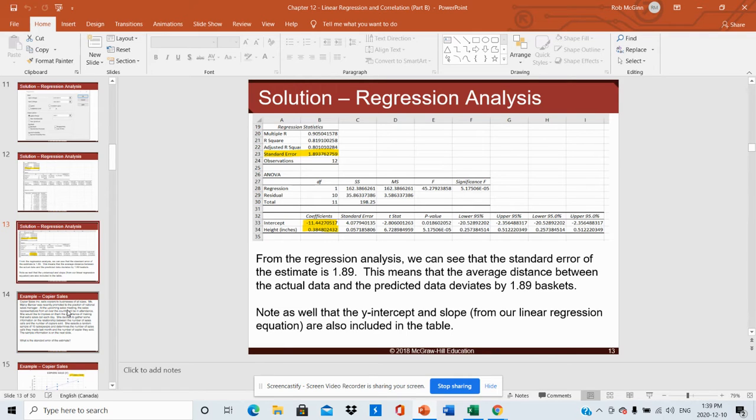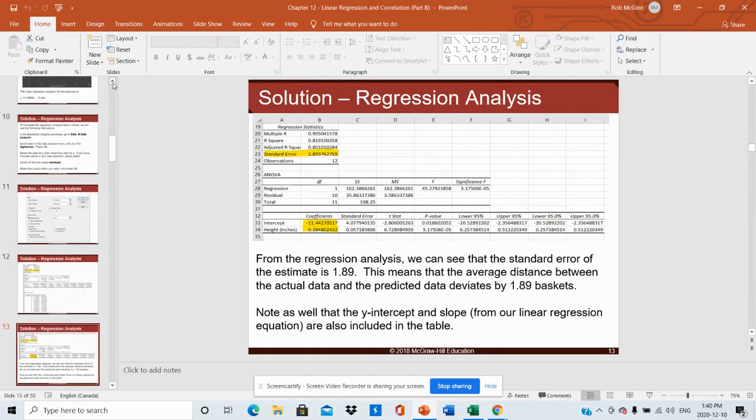Note as well, we can also find our y-intercept and slope from our linear regression equation in our regression analysis table. Our intercept is right there, negative 11.4427. We rounded that to negative 11.443. And then height in inches, that's our slope, in this case 0.3848.